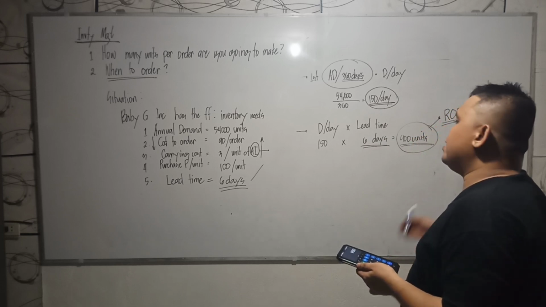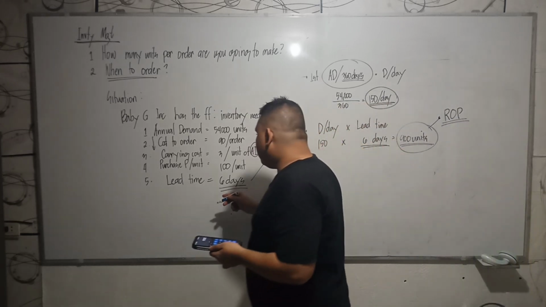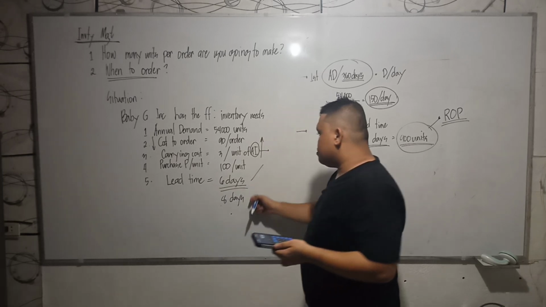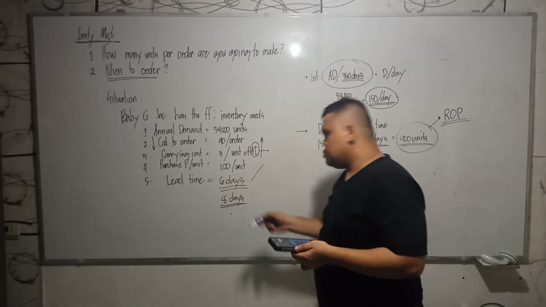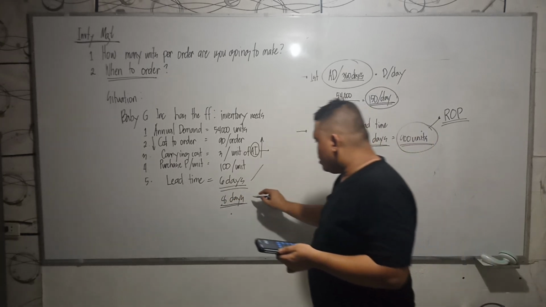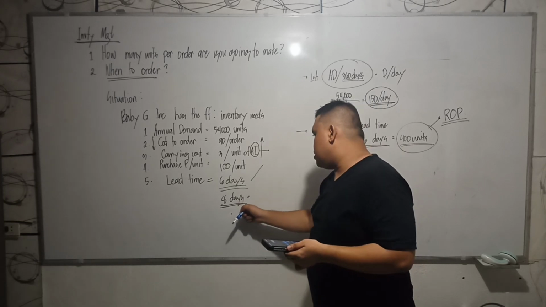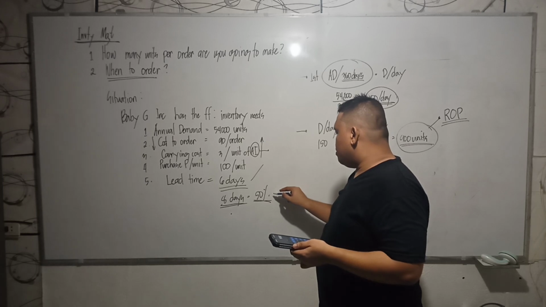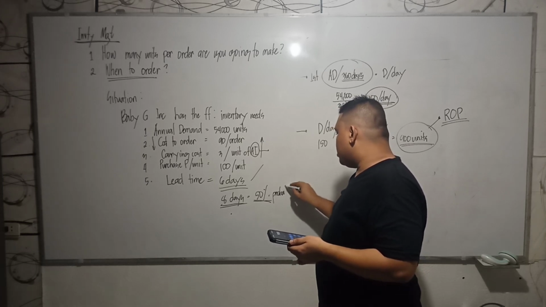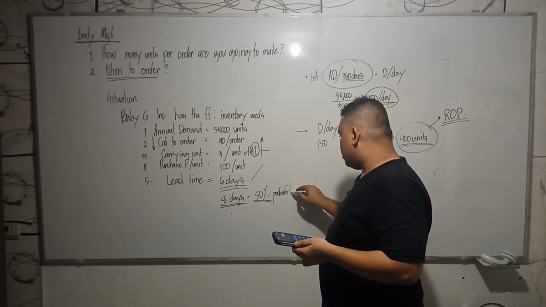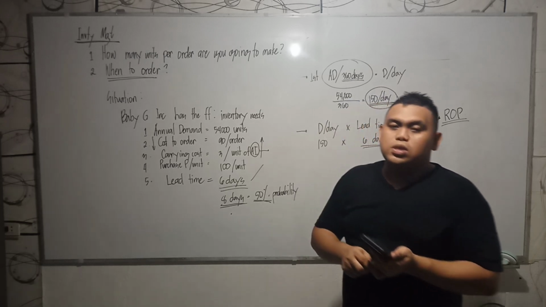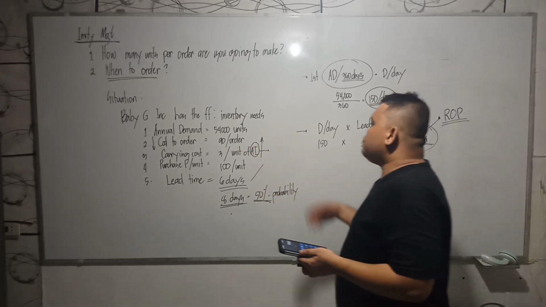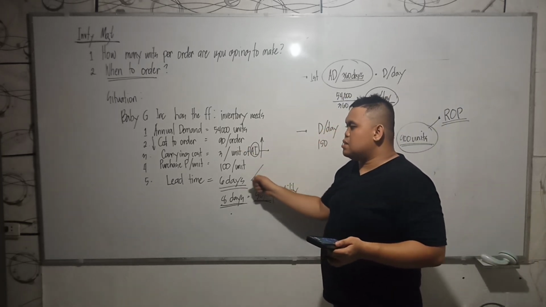However, there are twists. Why? For example, sometimes the lead time is 8 days, not 6 days. Sometimes it's 8 days. Okay? And there is a probability that these 8 days will occur 50% of the times. 50% probability. So how did we get this 50% probability? Based on historical experience of BBG Incorporated. Like for example, in the last year, 50% of the times, 6 days is the lead time.